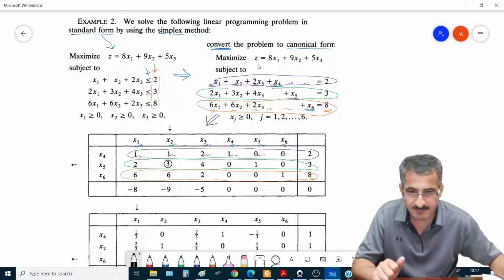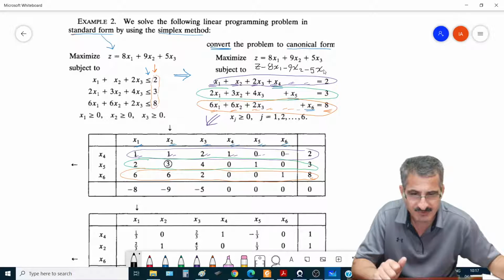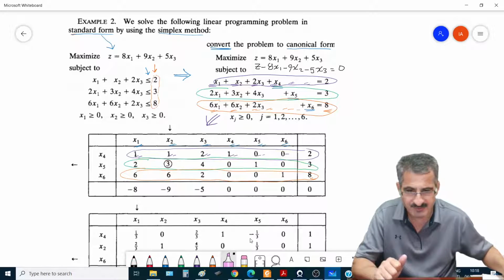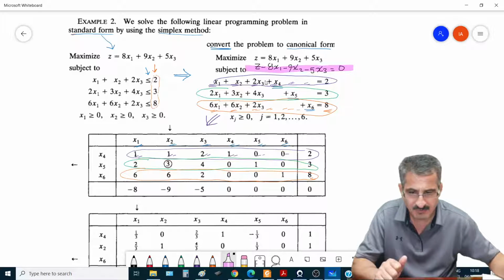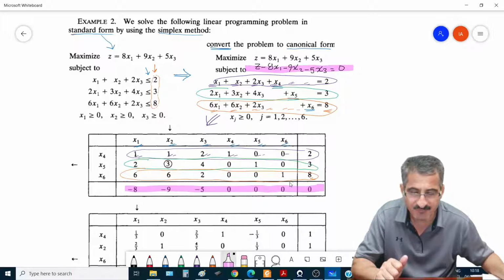Notice here we can write this as z minus 8x1 minus 9x2 minus 5x3 equals 0. So now we move this to this row, which we call the objective function.